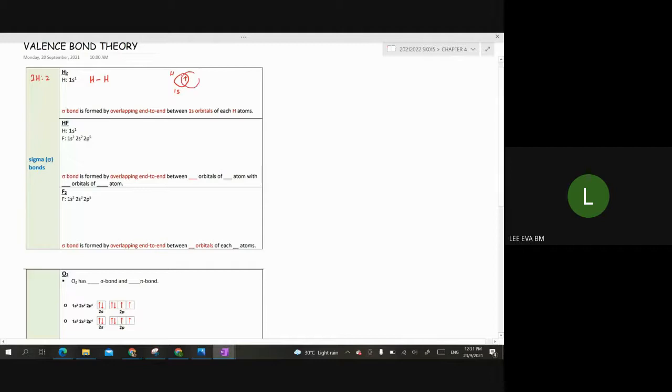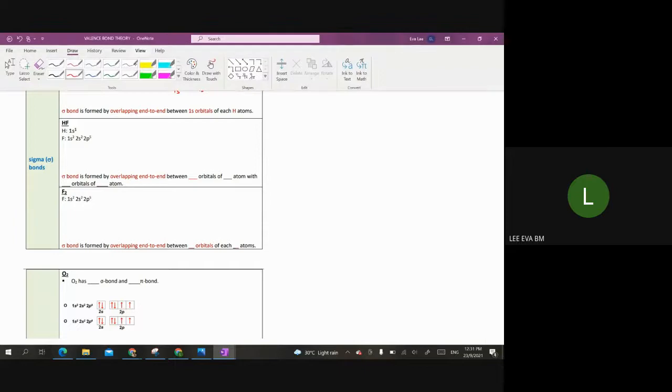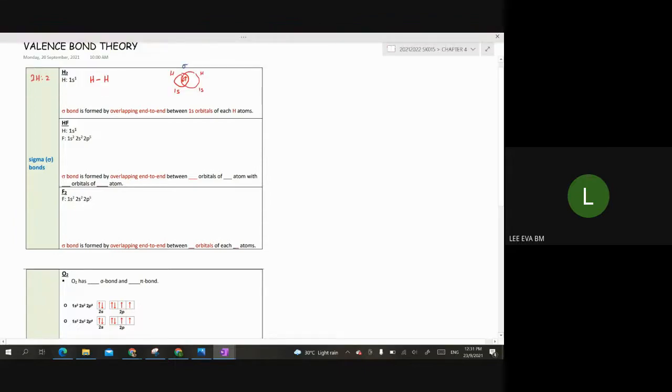Over here, another 1s, coming from another hydrogen with another electron. So this is your sigma bond. Each of the hydrogens is sharing one electron, and then they are making this sigma bond. So sigma bond is formed by overlapping end-to-end between 1s orbitals of each atom.